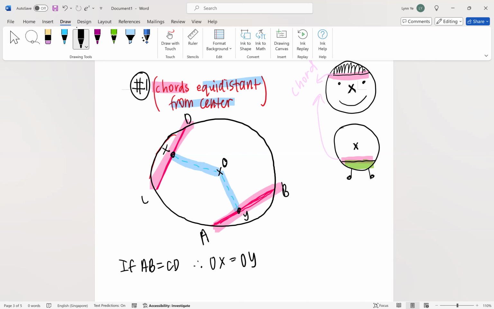Is OX a radius? No. That's why I tell you location is very important. You cannot anyhow identify, oh, center is radius. OX and OY are not radius. So guys, which one is the radius?